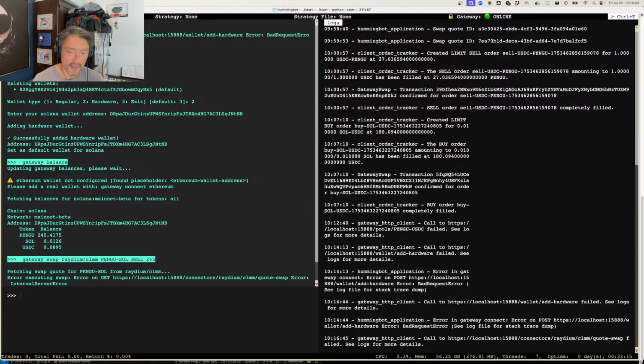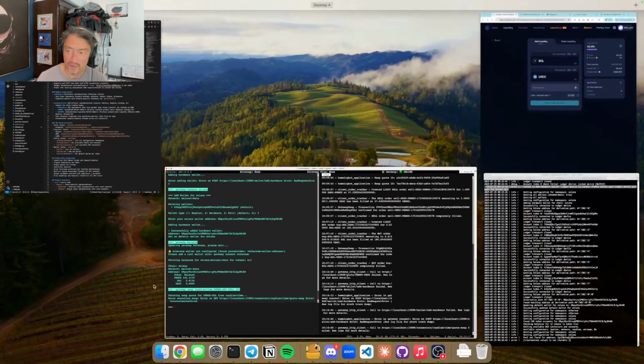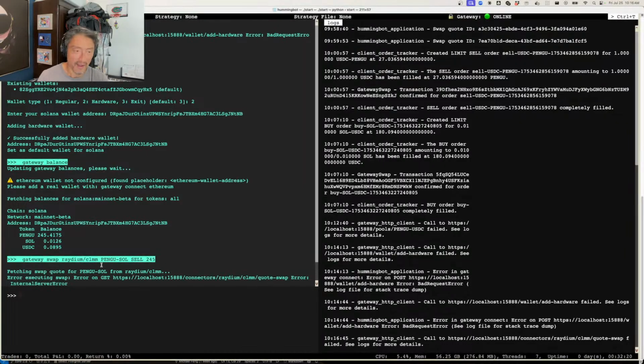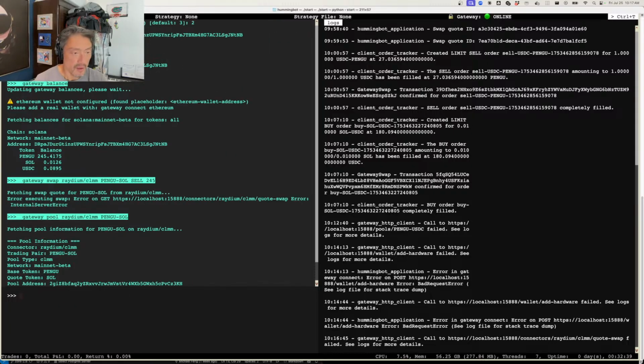Oh yes, why does that work? This is because I have not defined a pool for Pengu-Sol. That's probably because of the gateway pool for Raydium CLMM Pengu-Sol. It does exist. Okay, interesting.